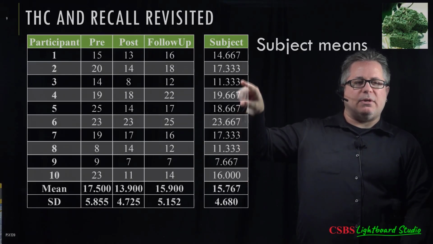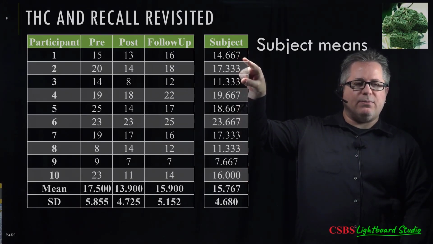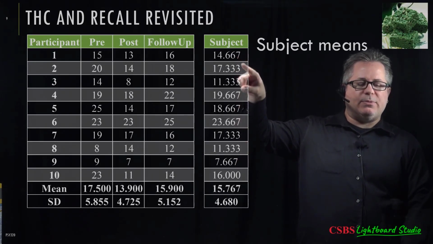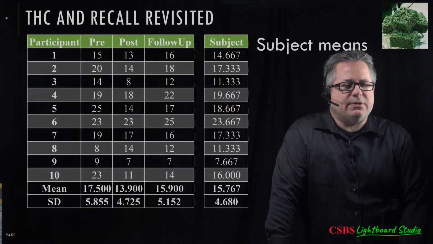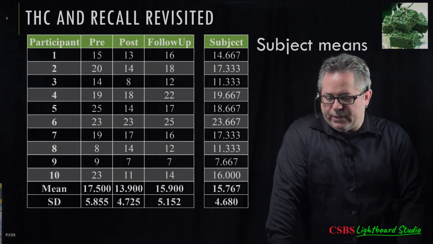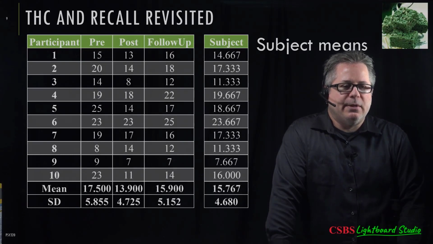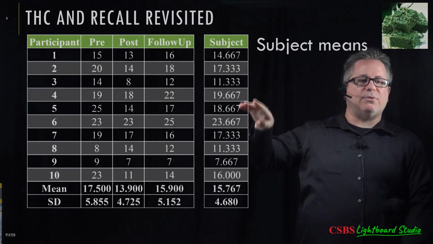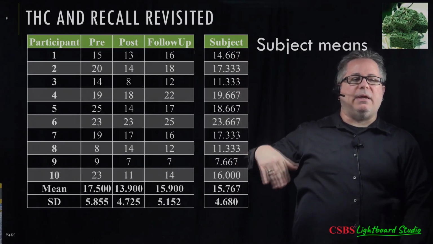This part is not directly related to THC or not THC. It's just that these people have better or worse recall in general. So we can look at this as the individual differences, or the random error around memory. And we can use that to figure out how much subjects are just varying consistently across time, and use that to our advantage.